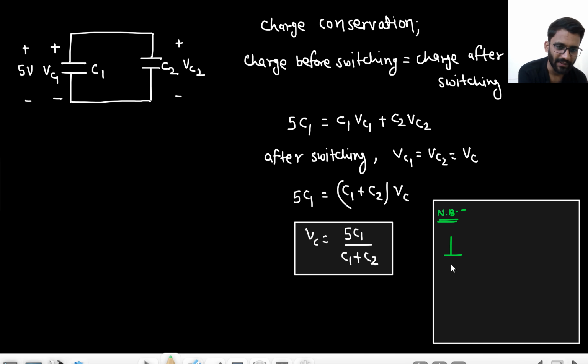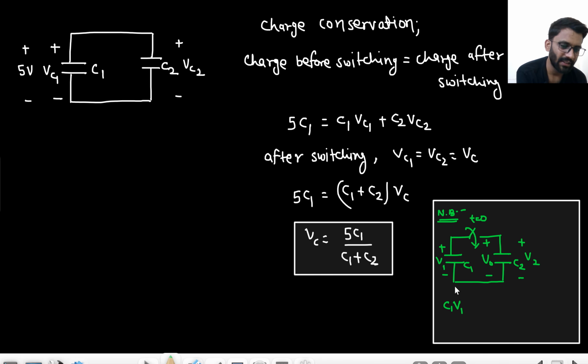Let's assume this was the condition. The switch is closed at t equals to 0. This was C1, this was C2. This was having V1 voltage and this was having V2 voltage. And let's just call this potential V naught. So how will you apply the charge conservation now?